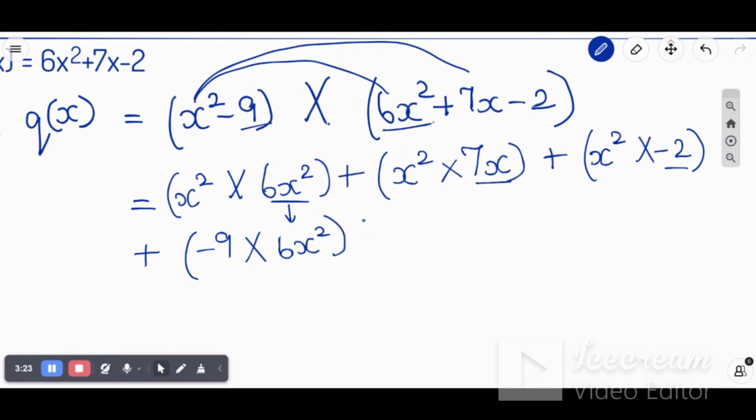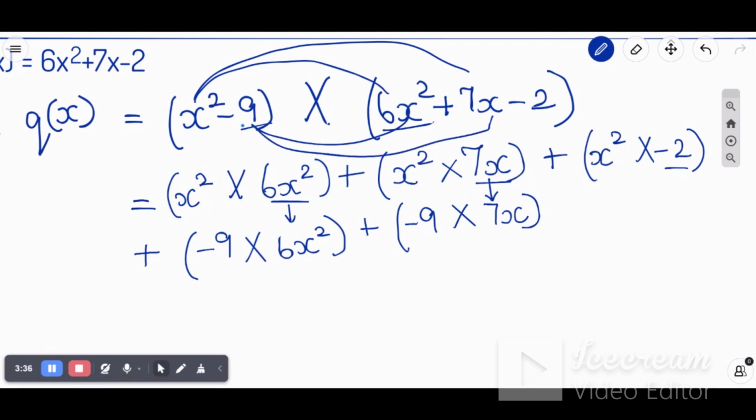Then also put your positive sign and change your minus 9. Put the multiplication symbol and write this 7x, which is the second term. What I am doing is multiplying this and this, multiplying this and this, and multiplying the first one with the last one.